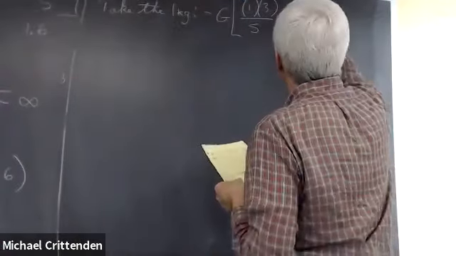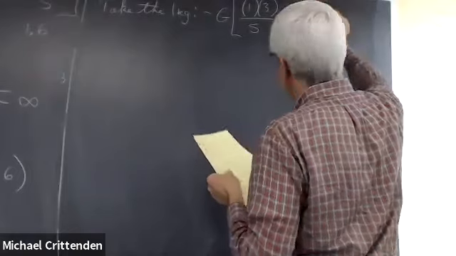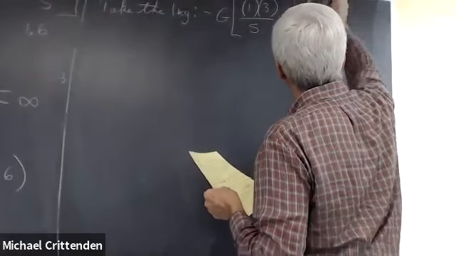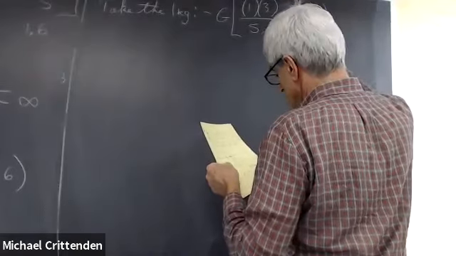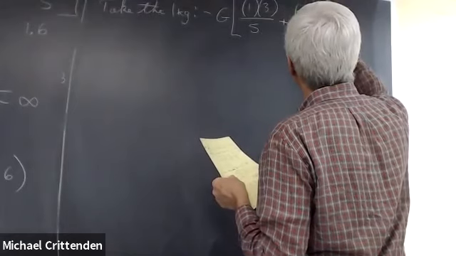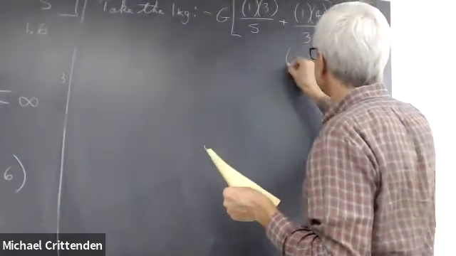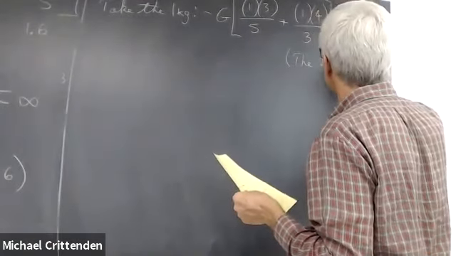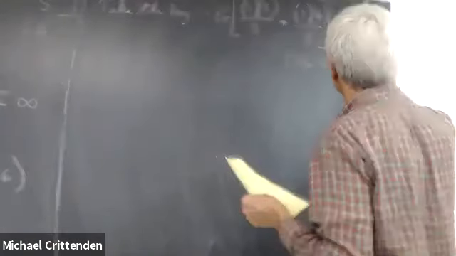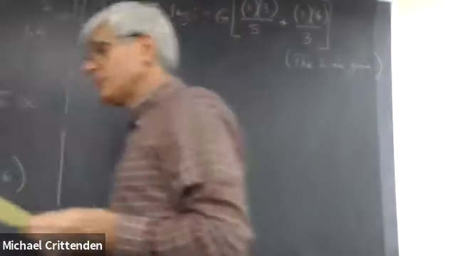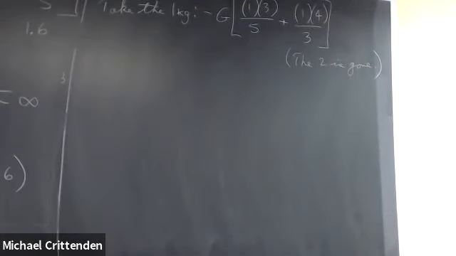The potential energy of the 1 kilogram because of the 4 kilograms is that. And that's all. You don't have a term for the 2 kilograms because you removed the 2 kilograms in the previous step. The 2 is gone.